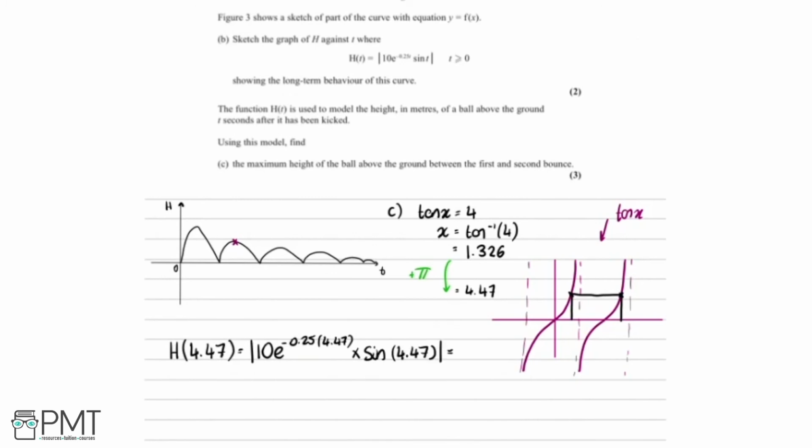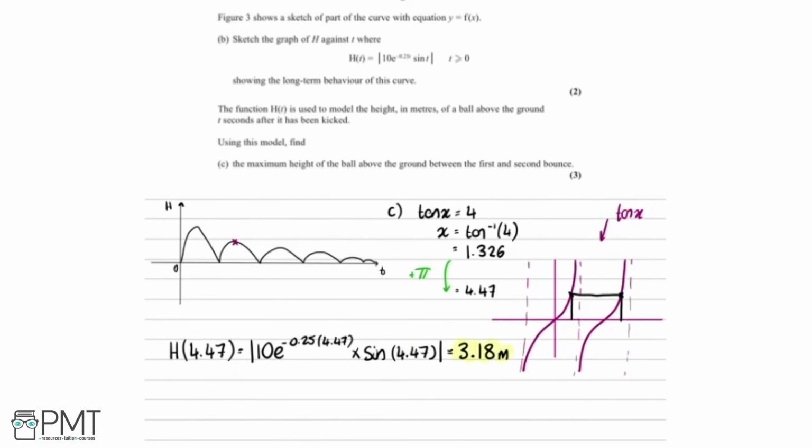Putting that in the calculator, everything inside the modulus signs comes out to minus 3.18, but because it's modulus, the answer is going to be positive 3.18. And it's in meters. So that is the final answer.